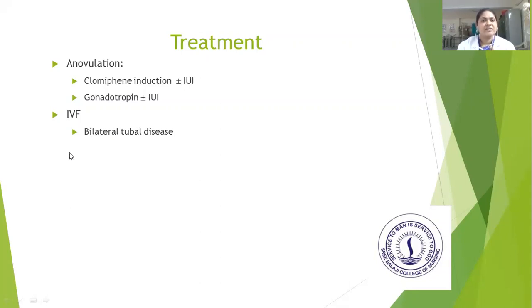If the patient has bilateral tubal disease, they will go with in vitro fertilization, and also for unexplained infertility after gonadotropin plus intrauterine insemination failure. So if we are not able to find any cause, even though they have taken treatment with intrauterine inseminations, if they fail, they will go with in vitro fertilization.